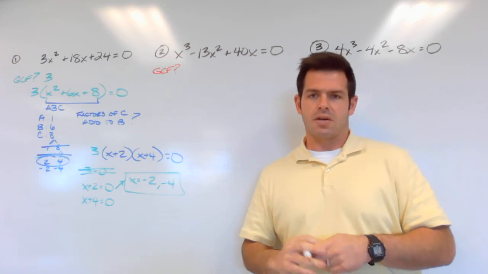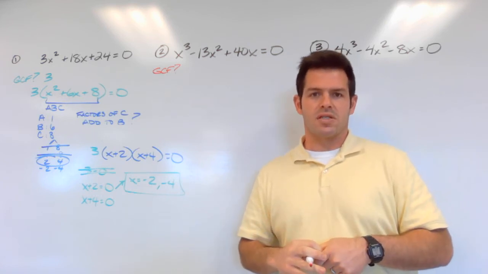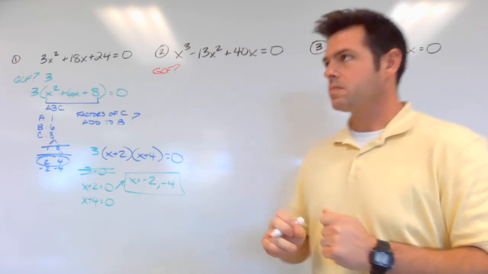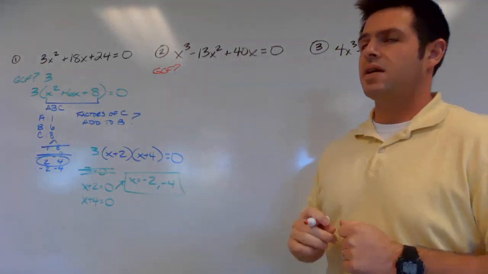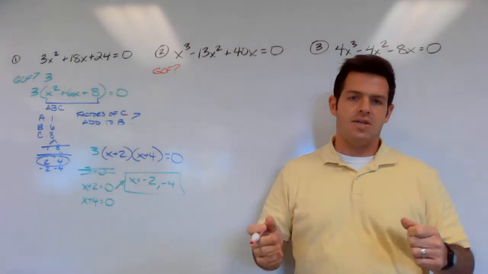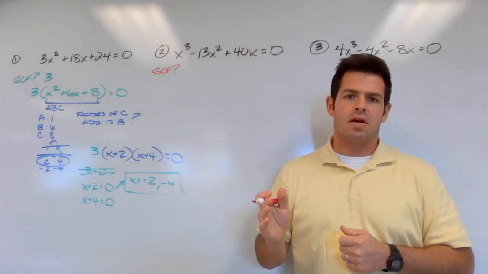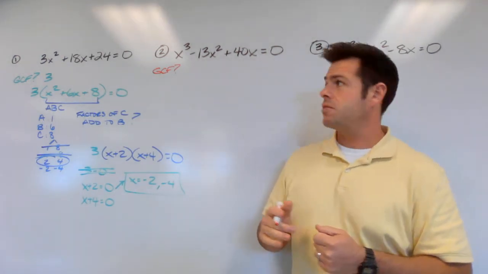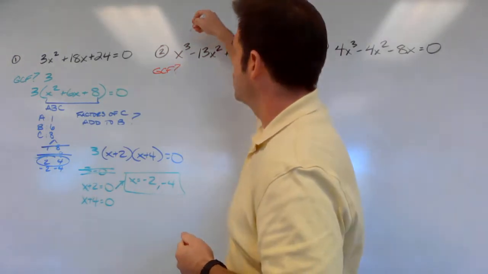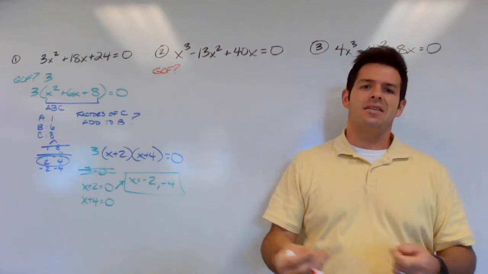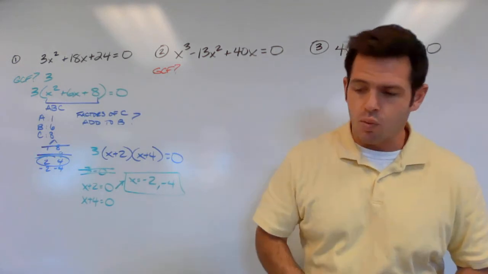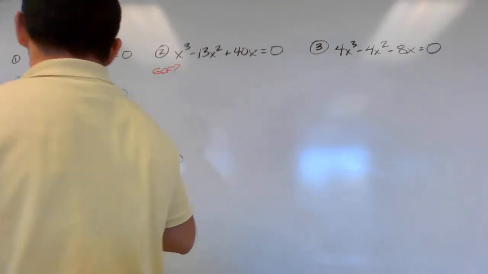That's really a good hint that there wouldn't be a GCF when it comes to the coefficients. But we look at each of these terms and recognize that they do, in fact, each have an x value. So the greatest common amount of x values, here we have 3, there we have 2, there we have 1. They all have at least 1 in common, so GCF here will be the variable x.